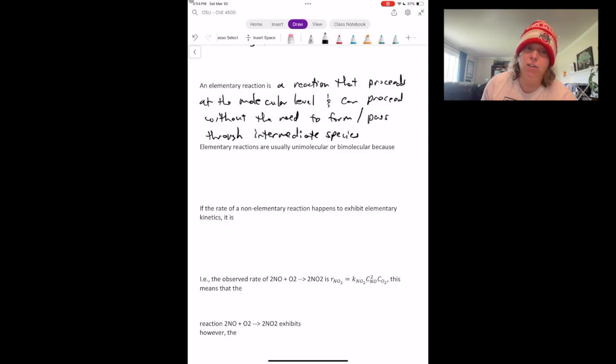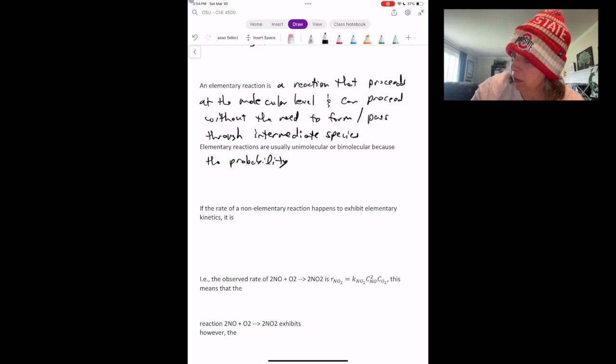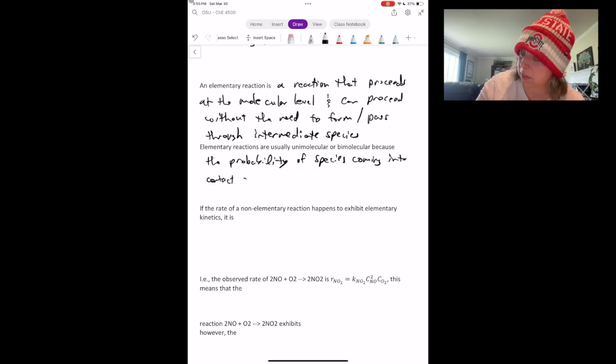So elementary reactions are usually unimolecular or bimolecular because the probability of species coming into contact decreases as the number of species increases.